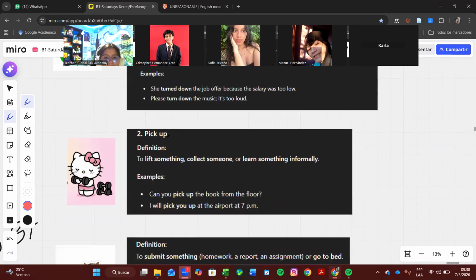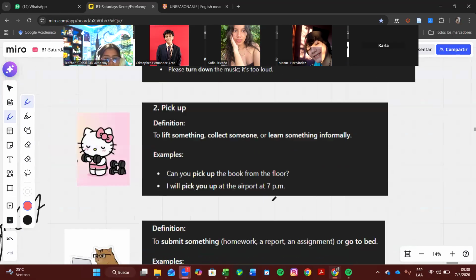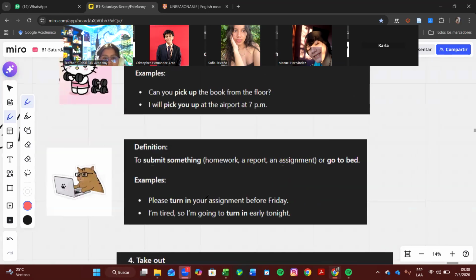Then we have pick up, to lift something, collect something, or learn something informally. Can you pick up the book from the floor, for example? So this is pick up. Then we have turn in, right? Turn in, to submit something, homework, a report, or an assignment, or go to bed.